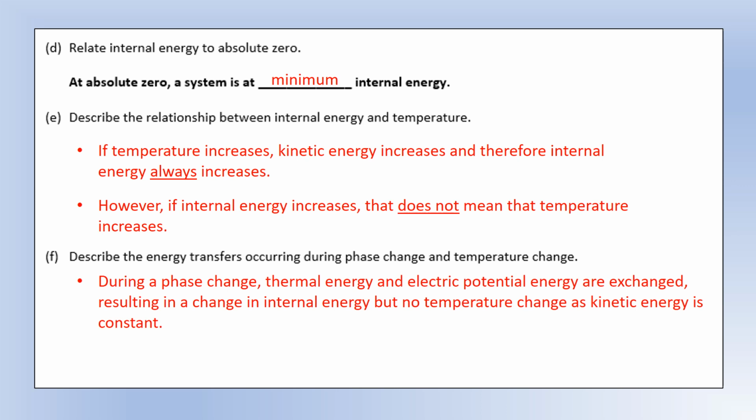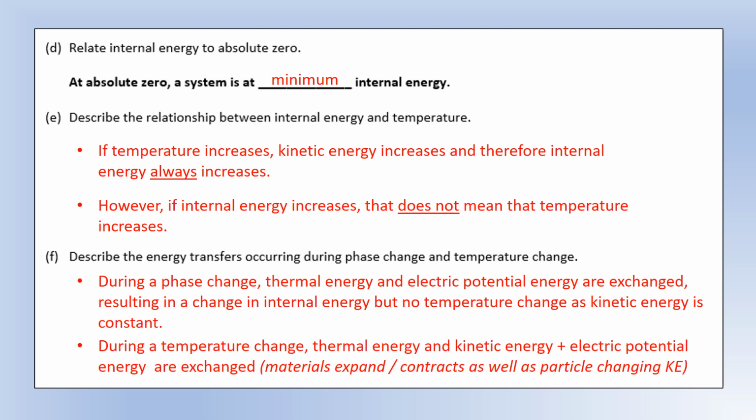And the reason for that is during a phase change, you can essentially transfer thermal energy to electric potential energy or the other way around. And that would mean the internal energy would change, but the temperature stays the same as we haven't changed the kinetic energy. Whereas when the temperature changes, thermal energy is transferred to or from kinetic energy and electric potential energy. And we usually ignore the electric potential energy change mostly, but we do know materials expand or contract.